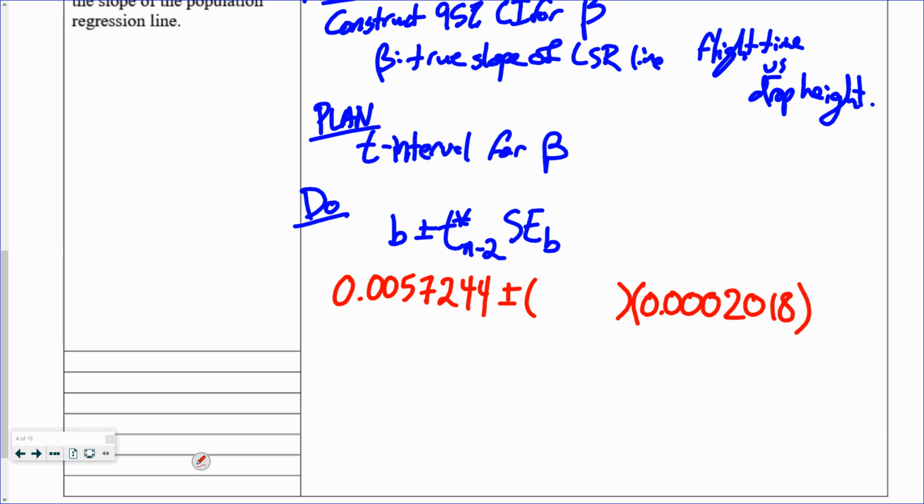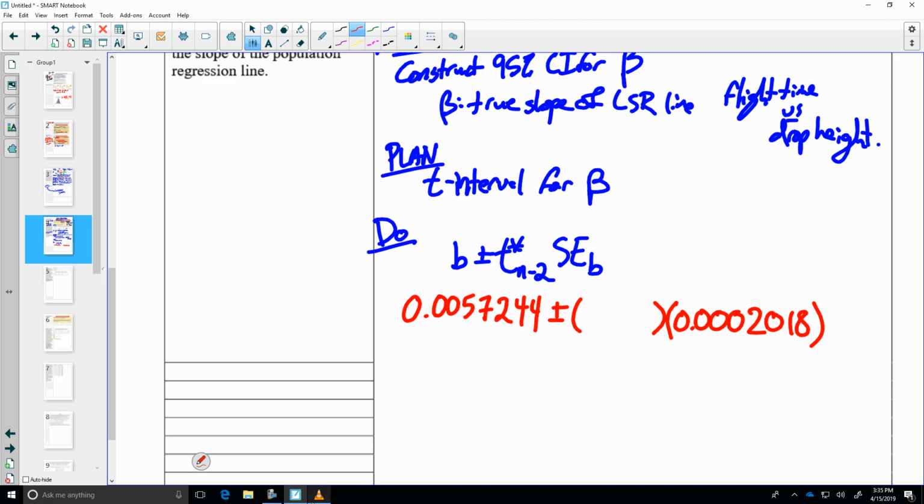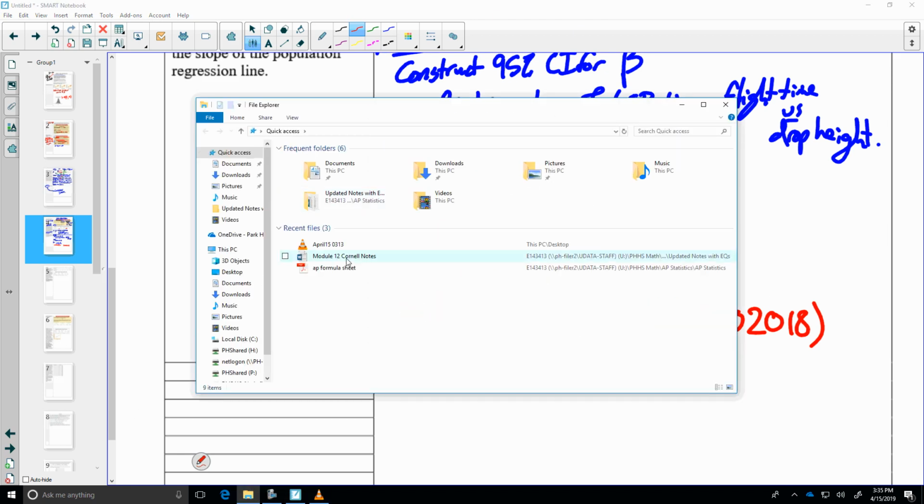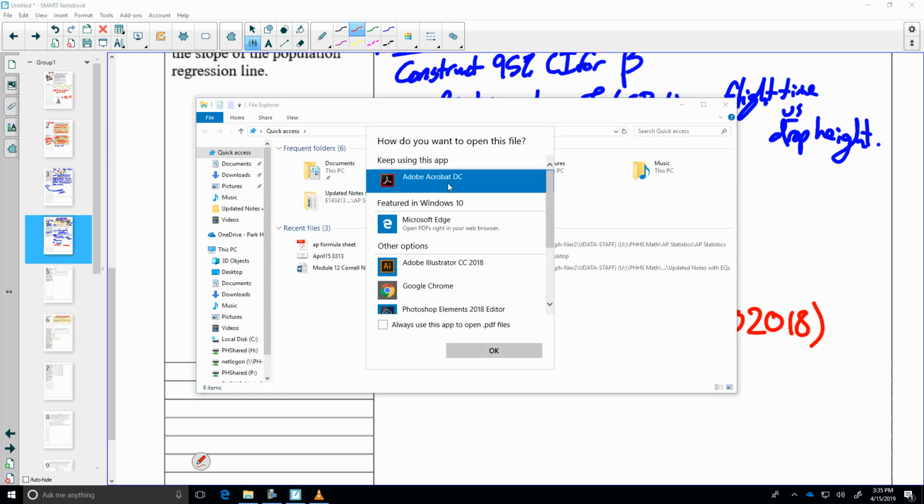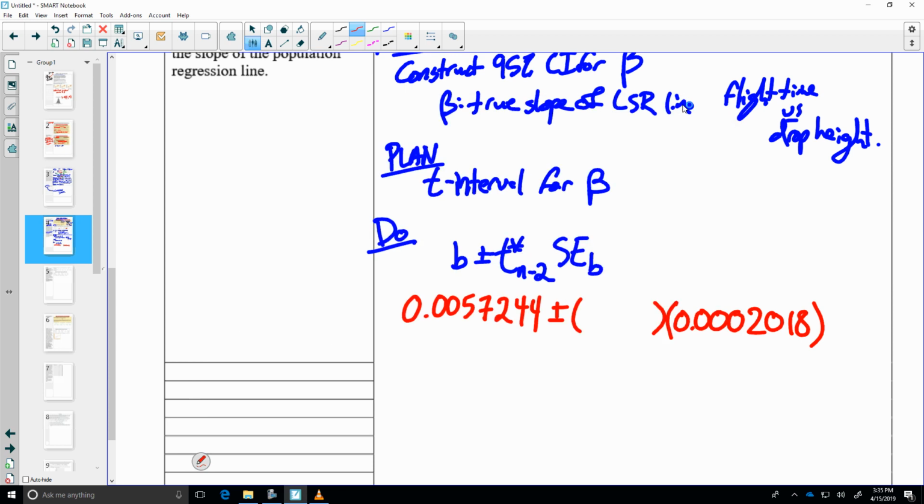All right. So let's go ahead and find that T statistic, that critical value T statistic. We're going to go ahead and open up our AP formula sheet. Ever so slowly.